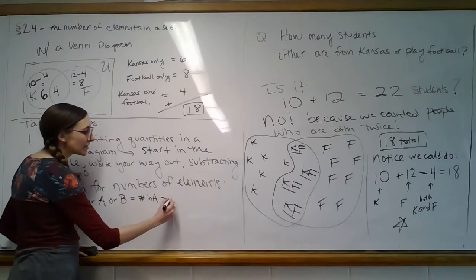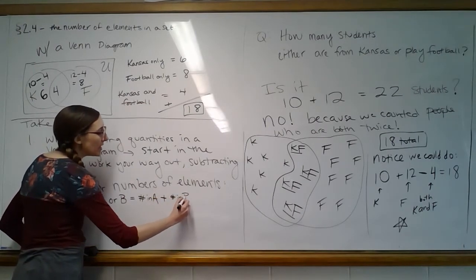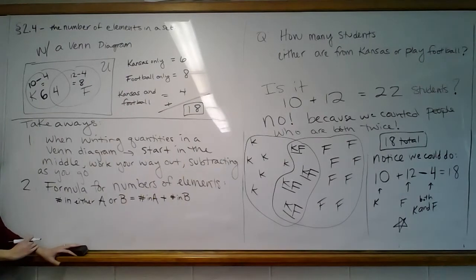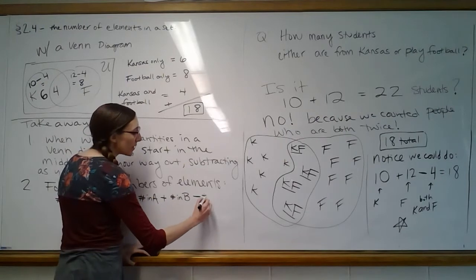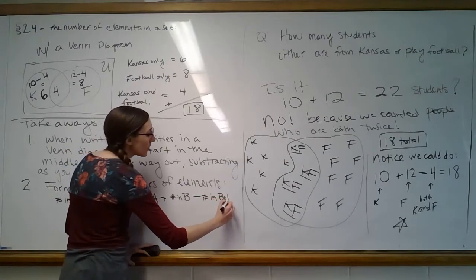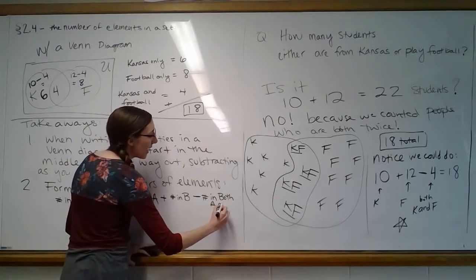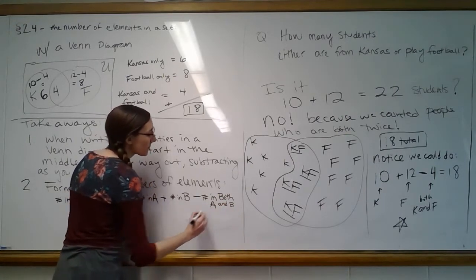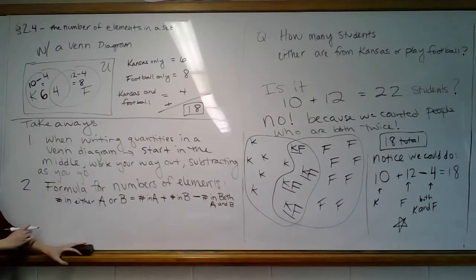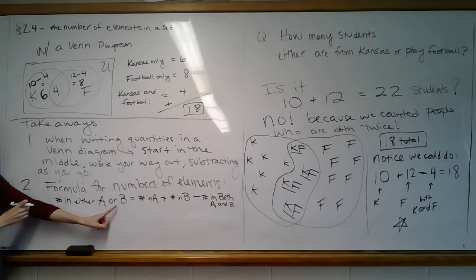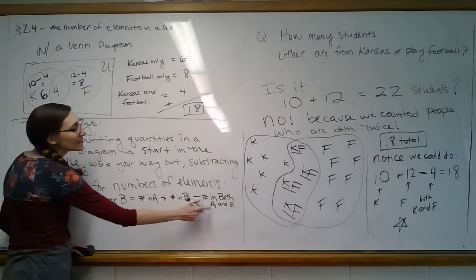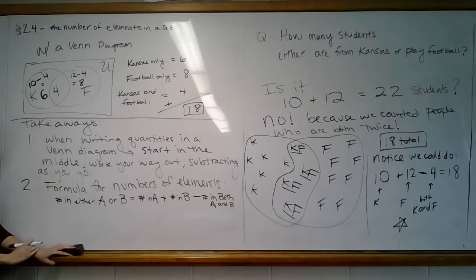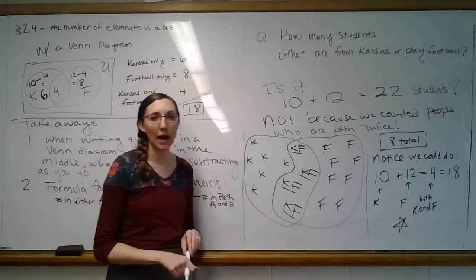We did plus the number in B. But then we said that counted too many, so we subtracted the ones that were counted twice, which was the number in both A and B. So the number in either A or B, so the or is the number in each added together, but minus the number in both. Now, this is kind of wordy in how it's written out.